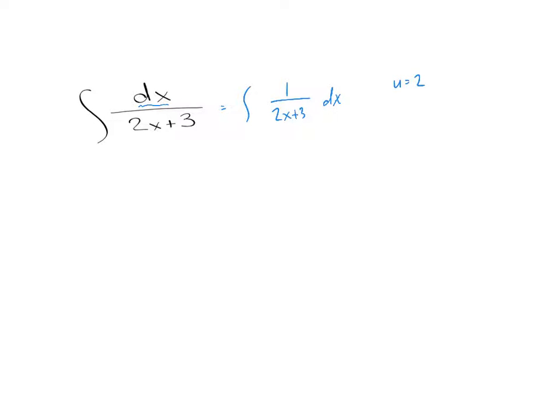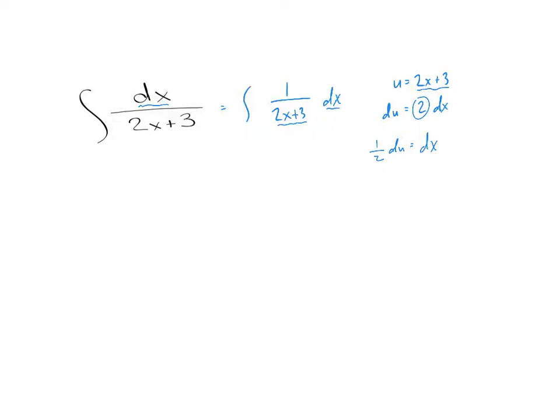So we're going to say let u equal 2x plus 3, and then the derivative of u is 2. 2x is 2. 3 is 0 dx. Okay, so this u, this 2x plus 3 is right there. The dx is right there, but I don't have a 2 in my integral, so we write 1/2 du is equal to dx.